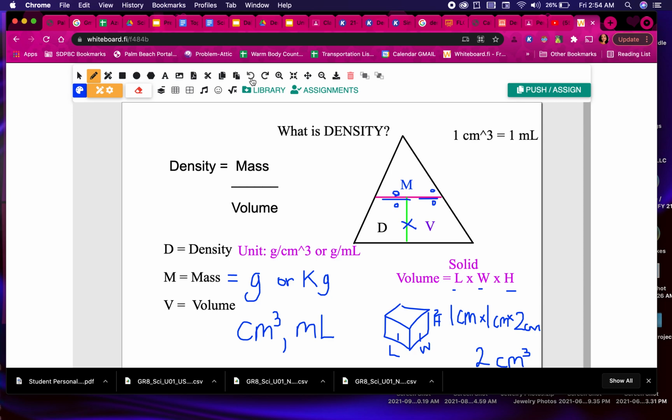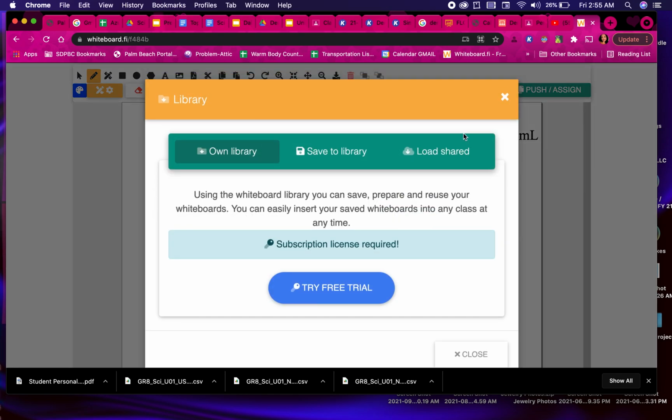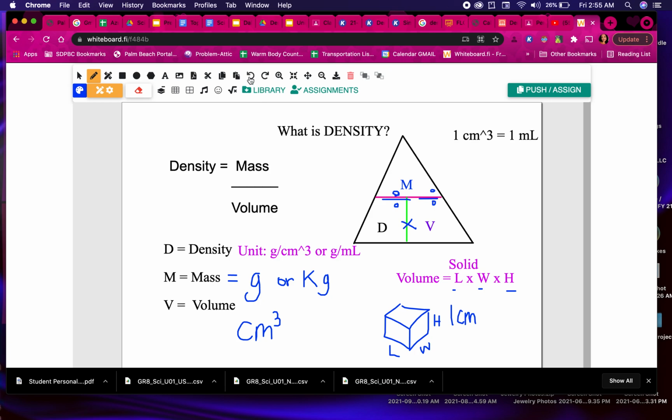The unit of density is represented by grams divided by centimeters cubed, because once again, that's your mass divided by volume. Or you could write it as grams divided by milliliters if they have given you a liquid.